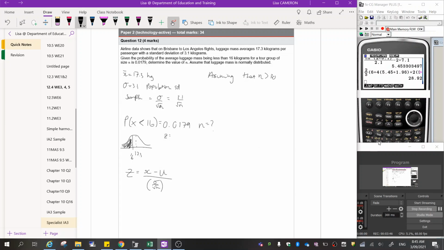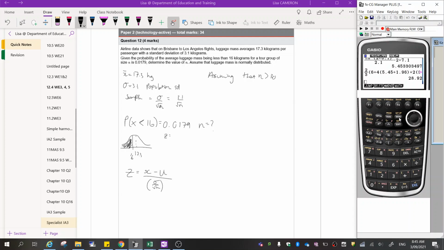Okay, so z is going to be equal to, let's go menu, then we're going to go statistics. So stat, distribution, normal, and then this would indicate that we're using the inverse normal, INV. Okay, so looking at my little picture there, we're looking left.